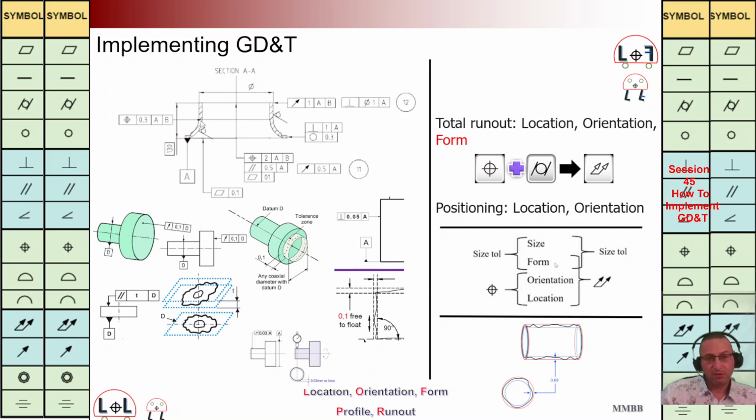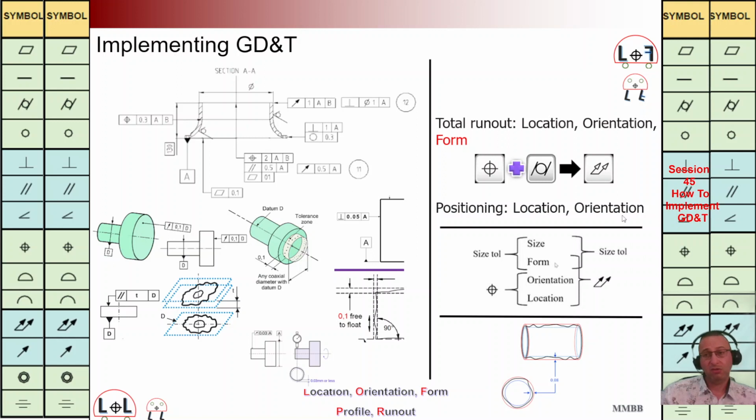And here, for the inner surface, I'm going to implement positioning. However, we can implement total run out, or let's say run out. But again, it is not going to rotate. This element is not going to rotate. That's why, again, I have this emphasis: please use positioning control for that. As we have talked previously, whenever we have this position control, it means we control location and orientation.